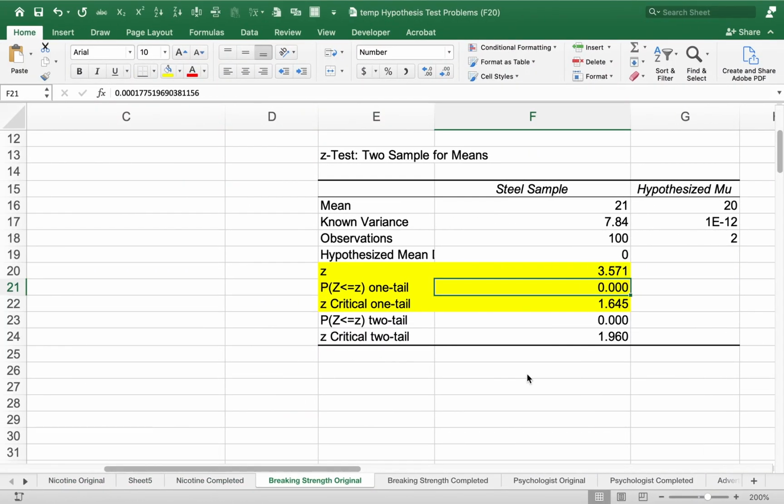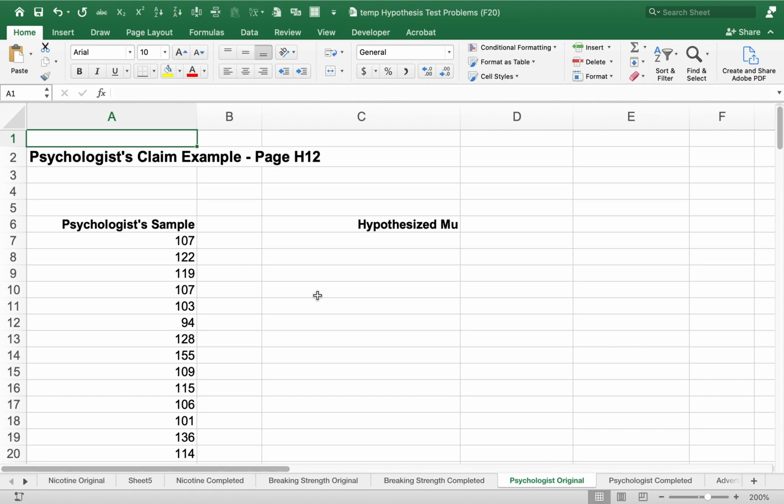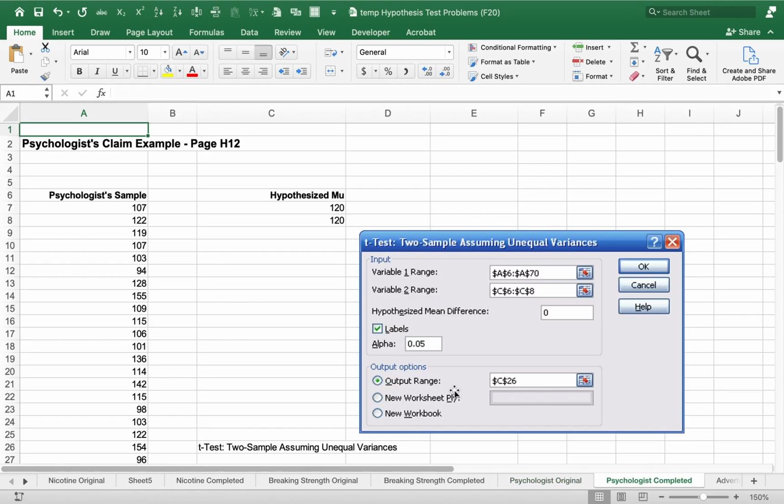All right, so we know how to do a test for a mean using both a t-distribution and a z-distribution when sigma is known. I'm not going to work through the next problem, but here's the psychologist problem, and I've actually got the answers here. In this particular case, it was a two-sided test that mu is equal to 120 versus the alternative that mu is not equal to 120.